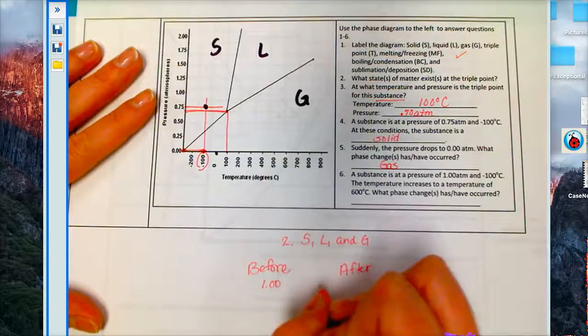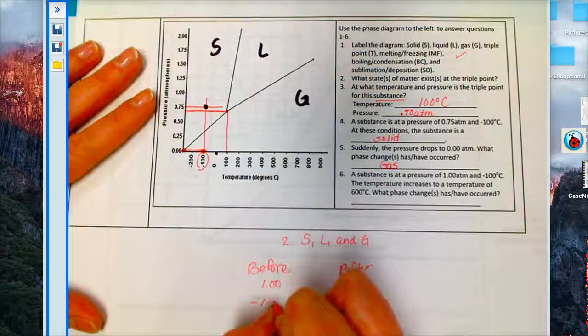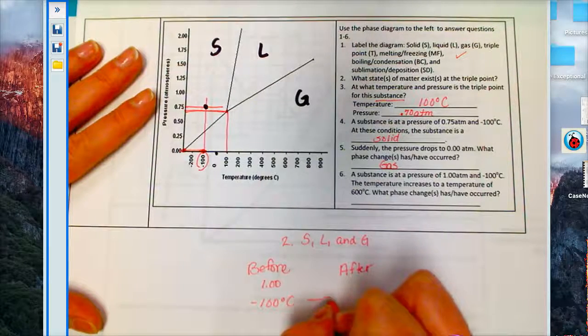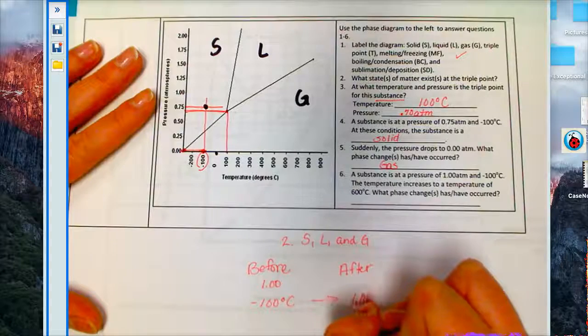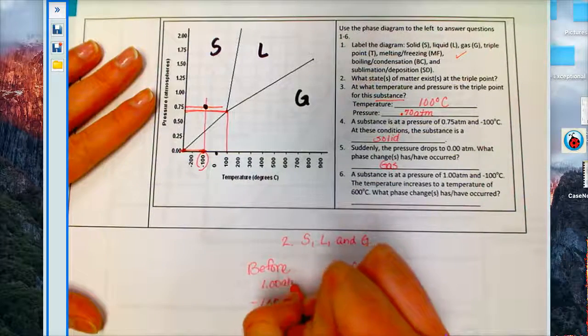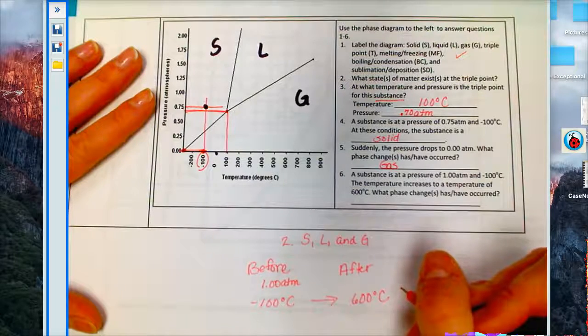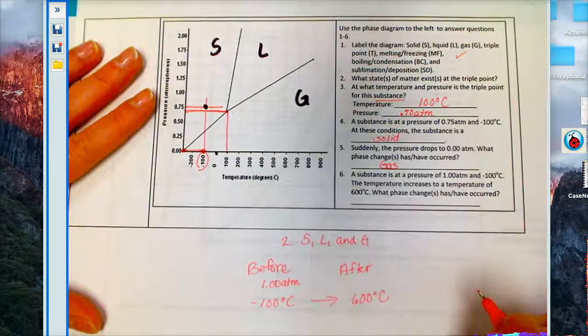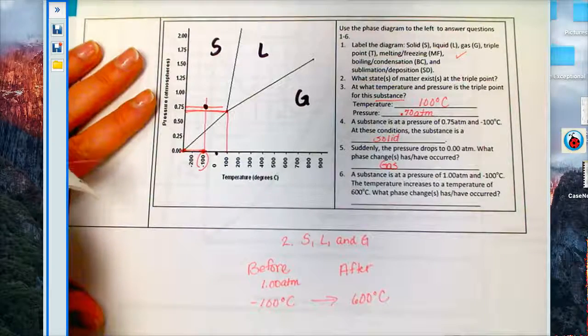And at the end, you went all the way up to 600 degrees Celsius. Now, interestingly enough, you could actually change that and use your own calculations in your gas laws to figure out the answer to that. But since that's not what it's asking here, we'll just do what it says. And we'll pause right there for a second.